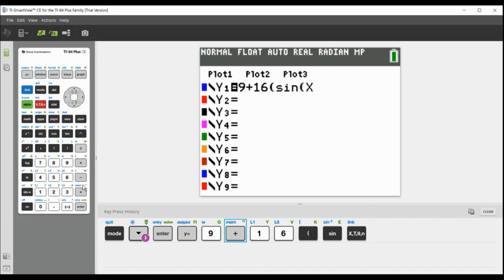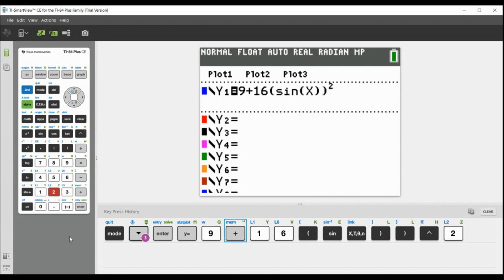So I took my calculator off polar mode, and I'm typing in 9 plus 16 sine squared of x. Again, I'm just trying to show you this is an even function.